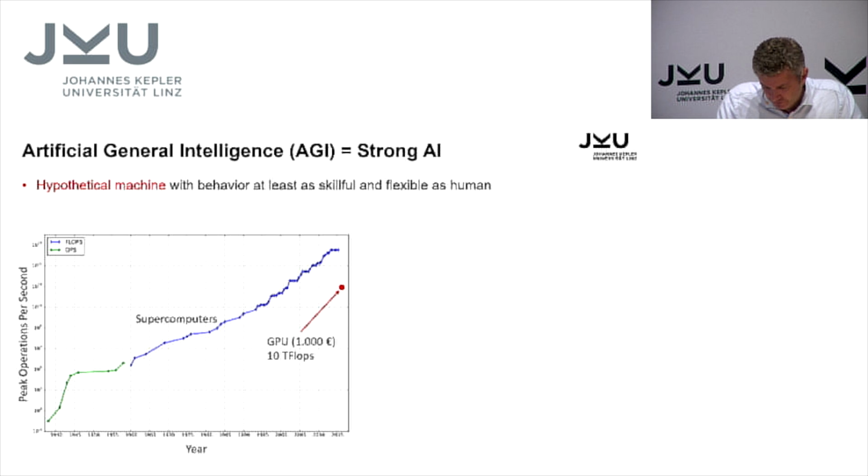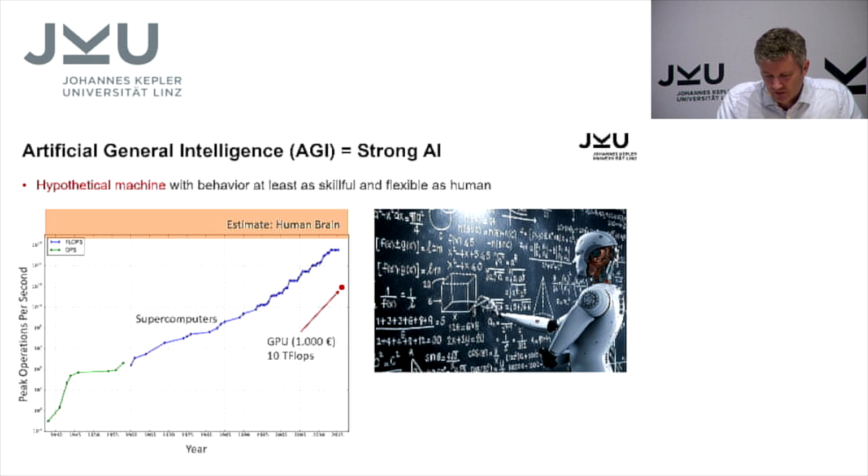Today, for €1,000, you can buy a GPU with 10 teraflops. And the orange bar up there is the estimate of the human brain. This is the estimated brain power we have. It's 10 to the 18 to 10 to the 25 operations per second. Of course, this is a rough estimate, and how the human brain works is a research field on its own.